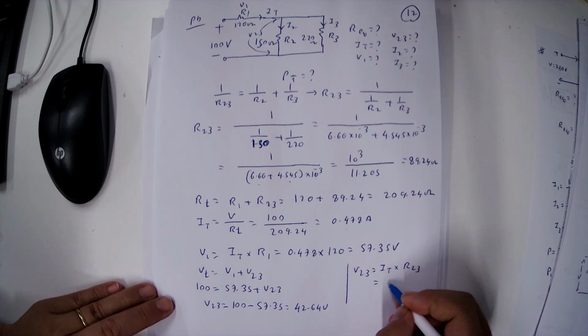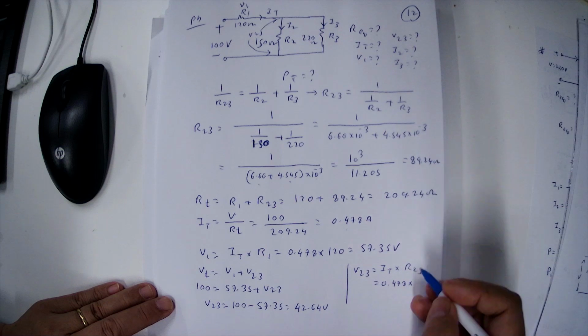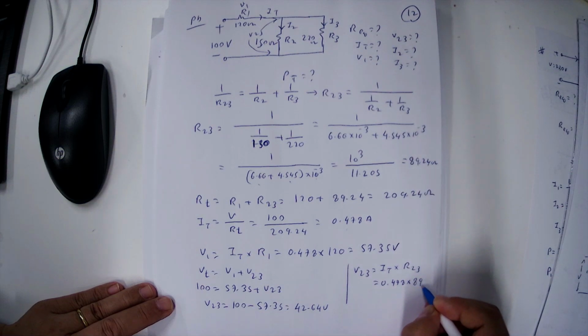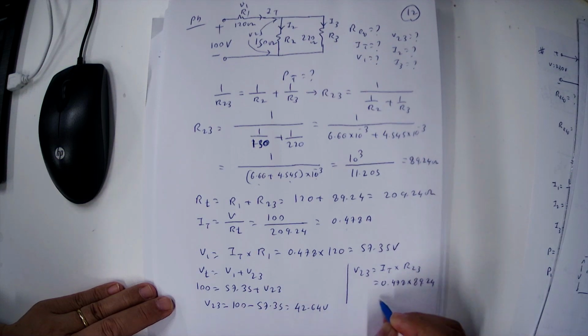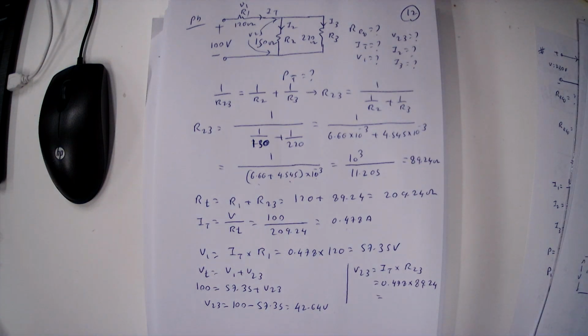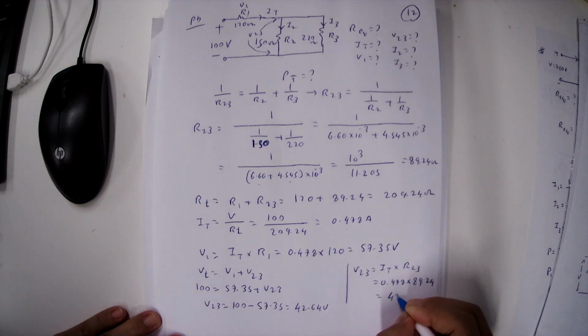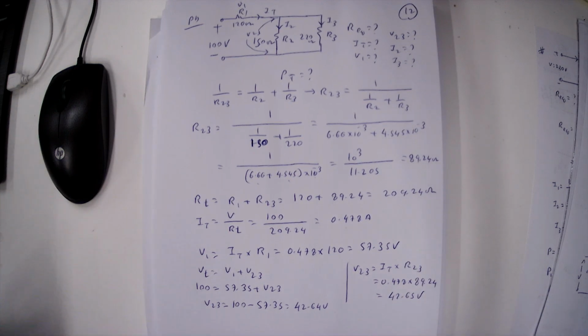Total current is 0.478, R23 is 89.24. 0.478 multiplied by 89.24 is also 42.65. We calculated that two ways. Both are correct answers, only slightly different.